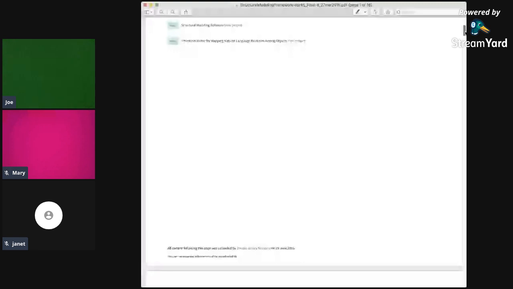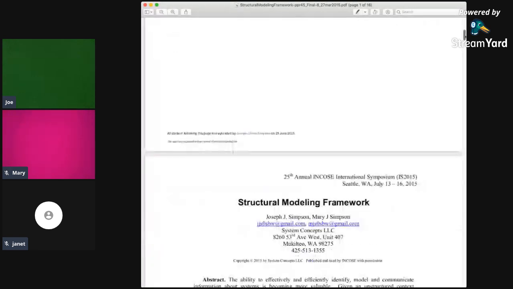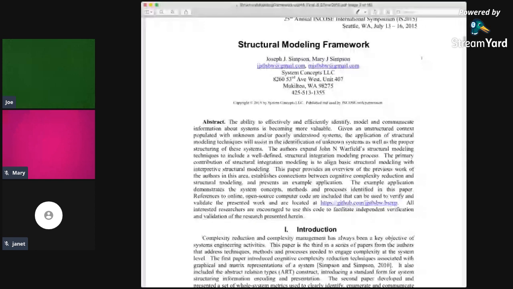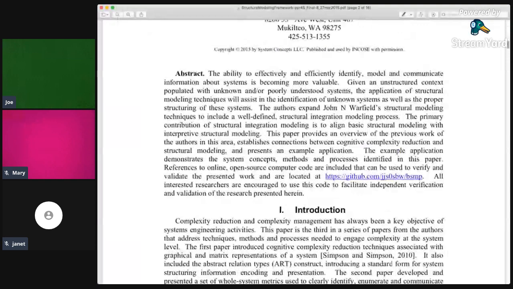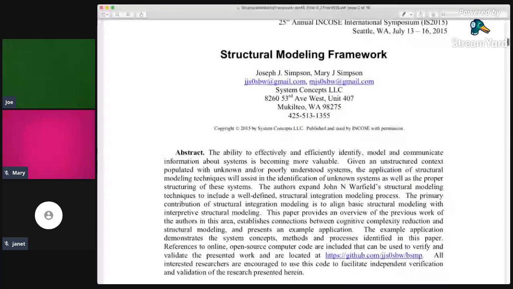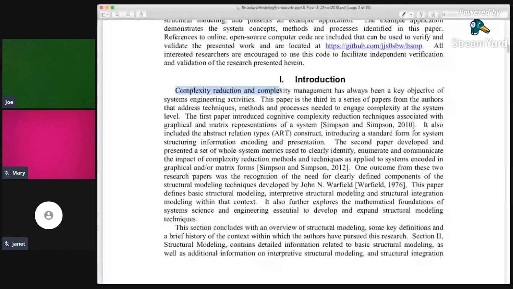So this is the structural modeling framework that was mentioned in the note. And what we talked about here, of course, is complexity reduction and complexity management.